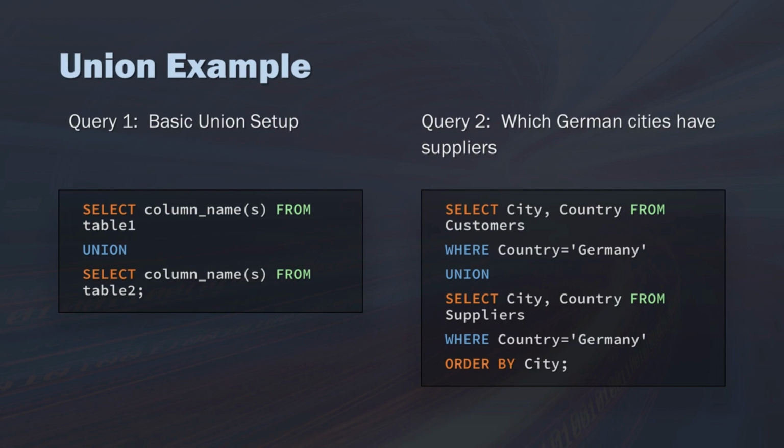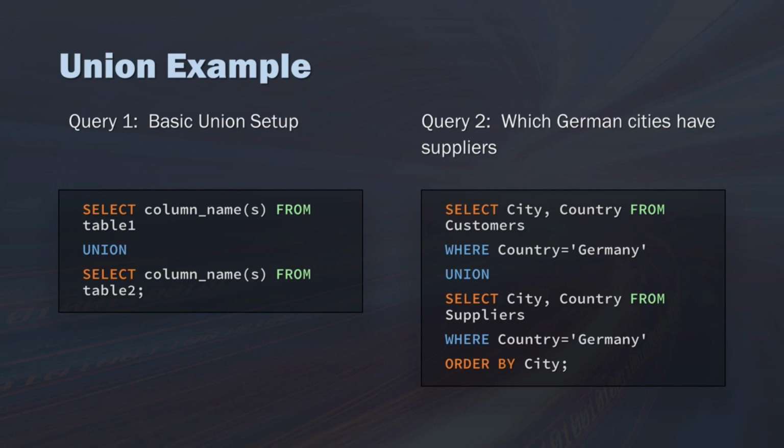What we're going to do is select customers from Germany, and we want to know what cities in Germany our customers are from. We also then want to know what cities we have suppliers in. So we're going to write two separate queries: one to get the cities from the customers, and then the cities from the suppliers.